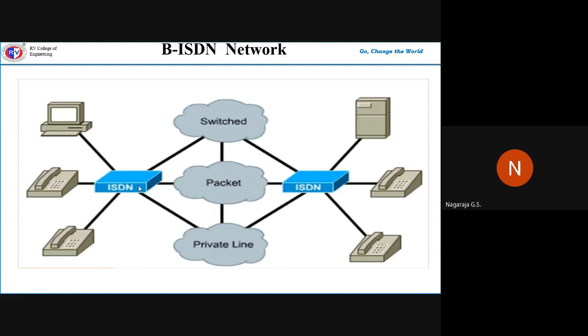As I said, your broadband ISDN uses connection oriented ATM networks for data communication, which is a switched technology. Or your ISDN may be connected to your computer networks, where you need to think about a packet switching technology.